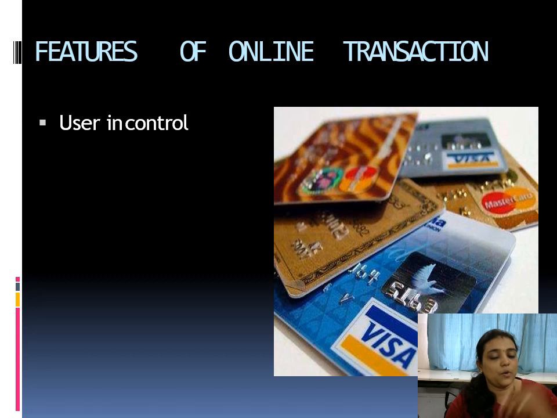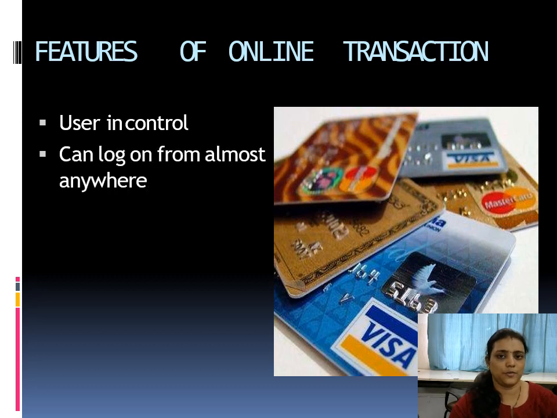Whoever makes the transaction online has full control over it. As the government guides, whatever money transaction I do online, I get a security code known as OTP, that is, one-time password. That is meant for the security of the customers. So full control is in the hands of the users.